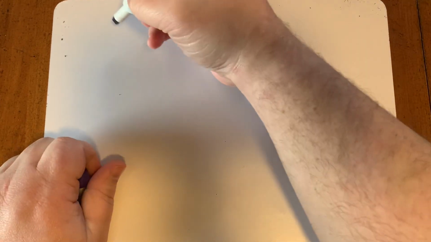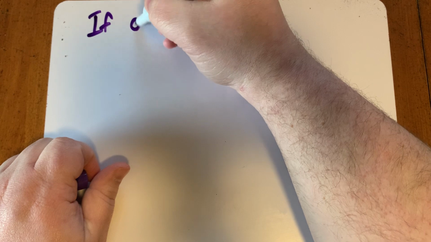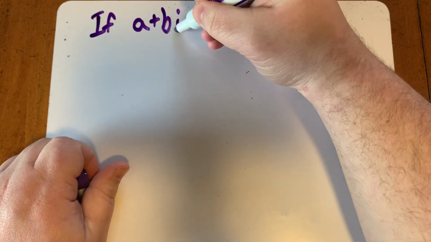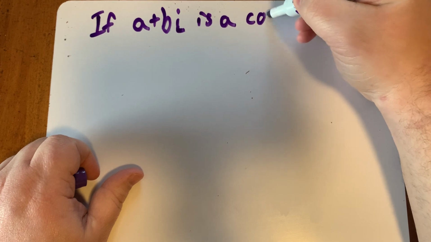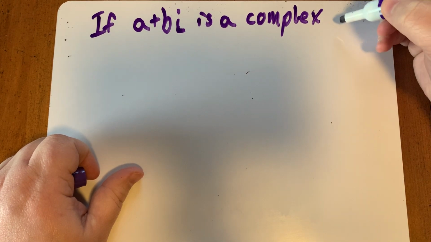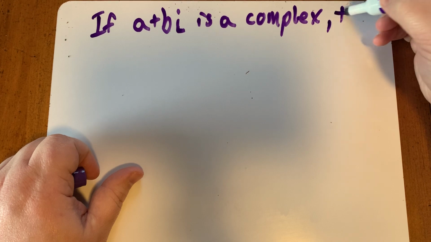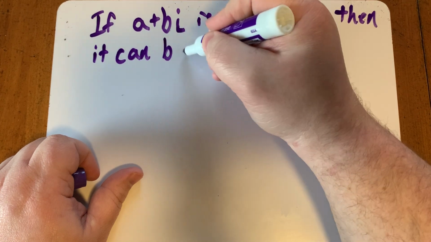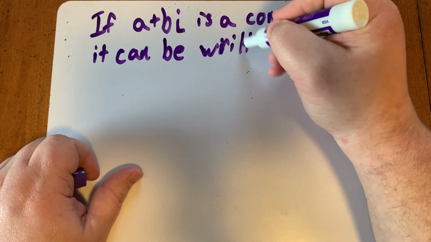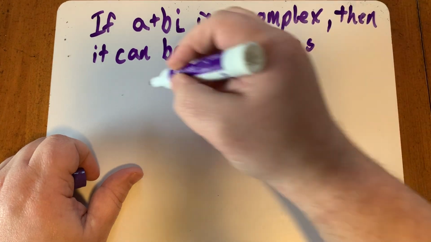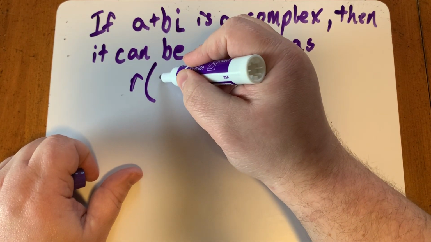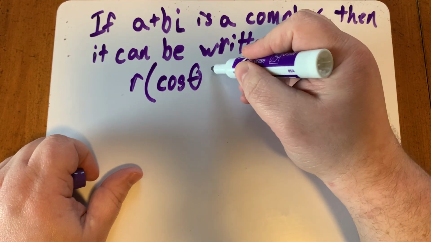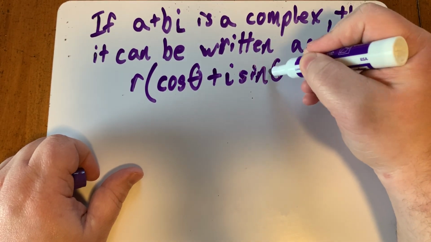So in general, if a plus bi is a complex number, then it can be written as r times cosine of theta plus i sine of theta.